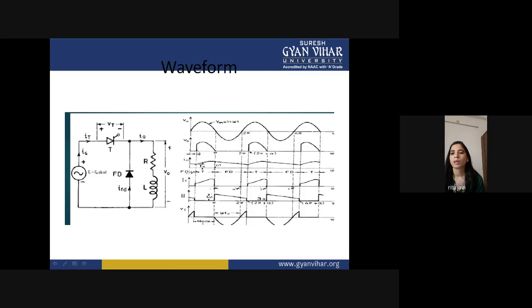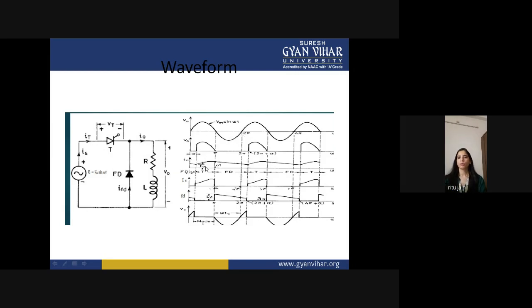Then you are getting the output voltage from alpha to pi, because at pi the input voltage is getting negative, so this terminal of the thyristor becomes negative, and the thyristor comes into reverse biasing from pi to 2 pi.